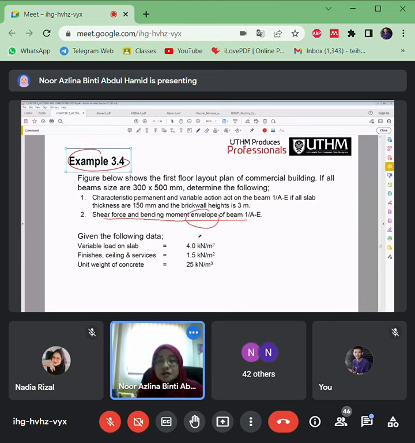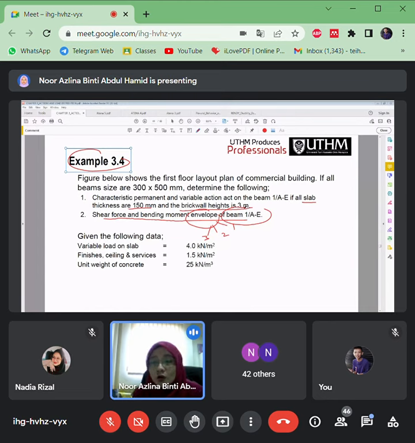You can see the envelopes there, right? So that means it should come from 3 cases. The shear force and bending moment should come from these 3 cases, for beam 1A to E. There will be a layout with a slab thickness of 150 and the brick wall.